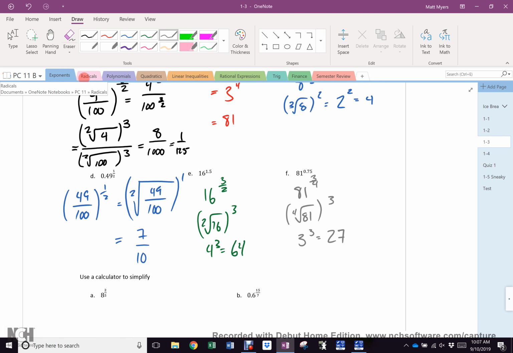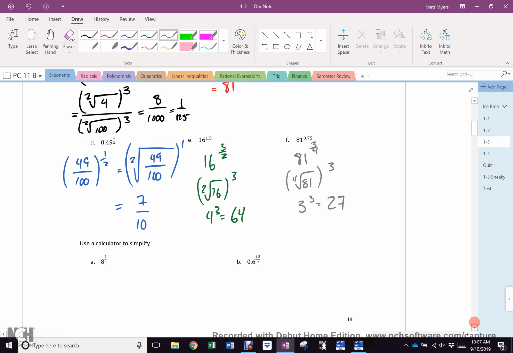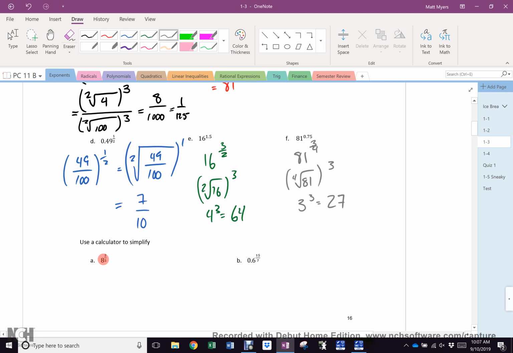So we're going to be going over and going further with radicals if you don't remember how to do these. These ones are all perfect, so it's not too much of a problem, yes? Everybody cool?